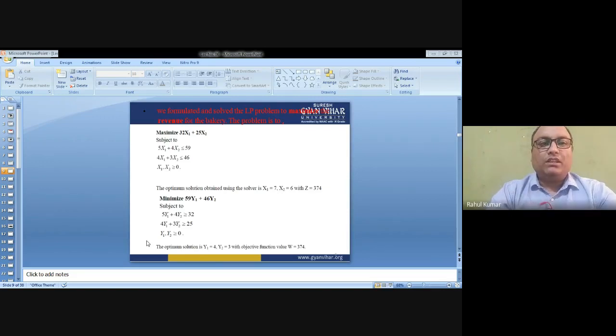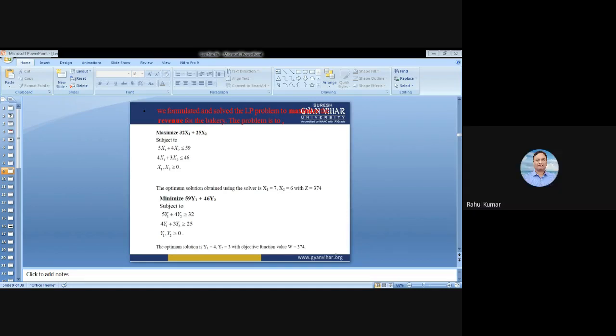So the points are different, but the value of this problem is the same.